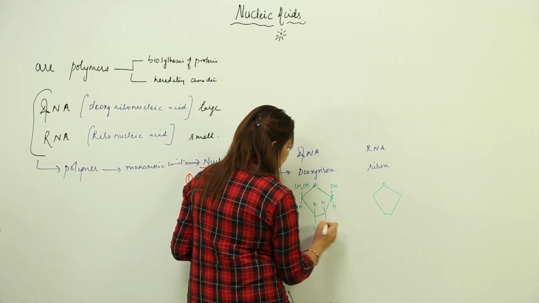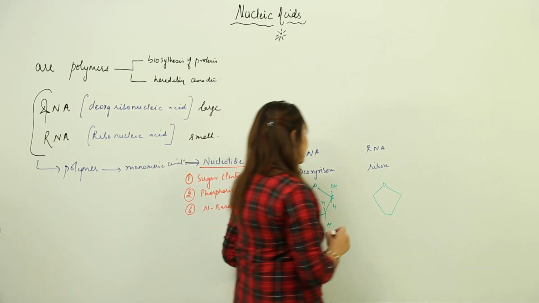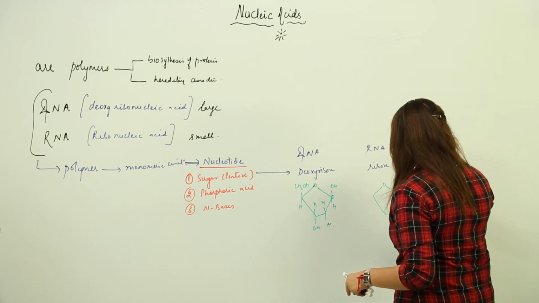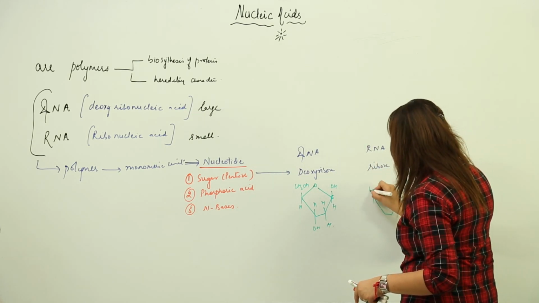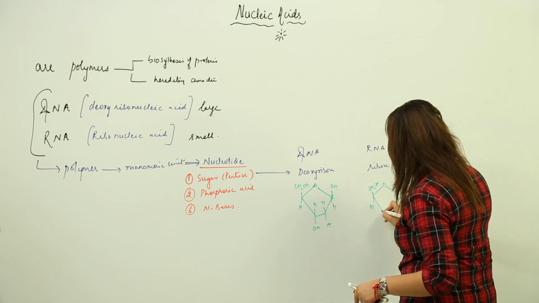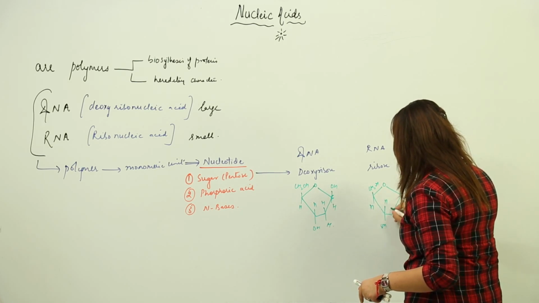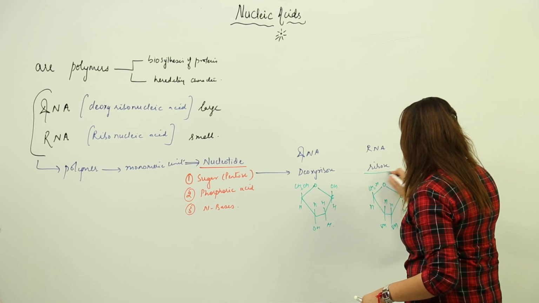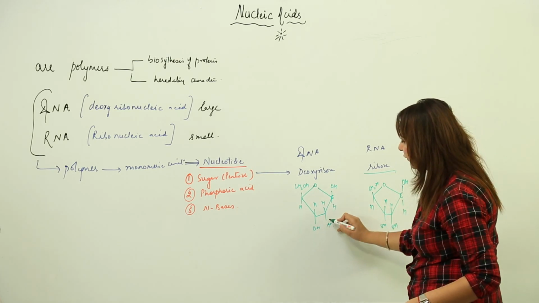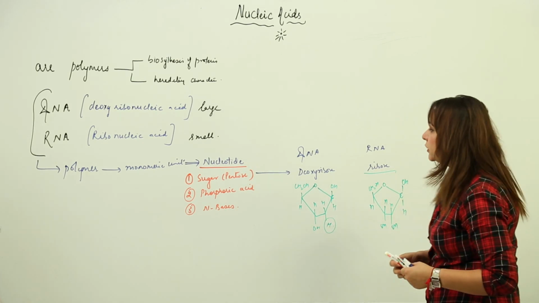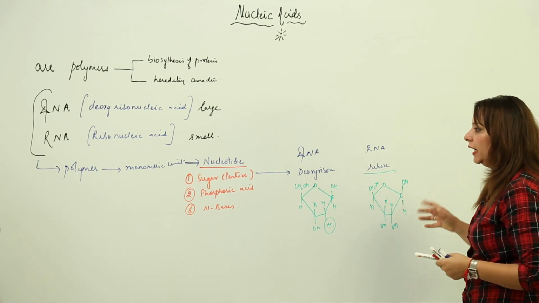This is H and H in case of deoxyribose. And when we talk about ribose, it is again CH2OH and H, H and OH, H and OH. In ribose there is H and OH; the only difference is that in deoxyribose the O is missing. So this is the sugar present in DNA and RNA.